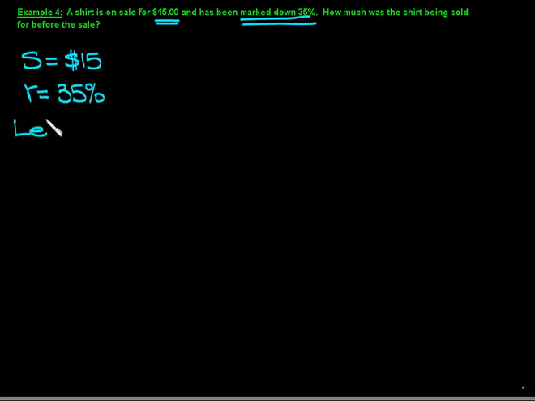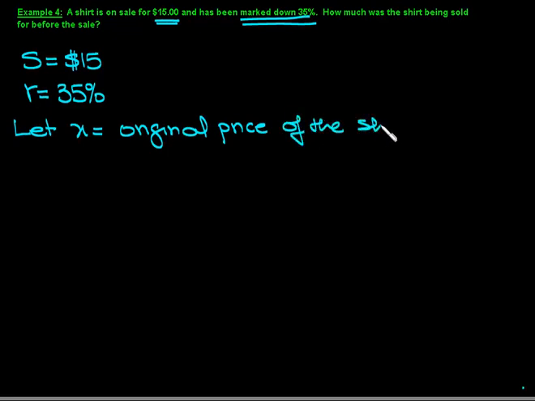So let's create a variable this time. So let's go let X equal to the original price. I'll do it a little bit differently this time. Original price of the shirt before the sale. Okay, so how different will be this problem compared to the last one?